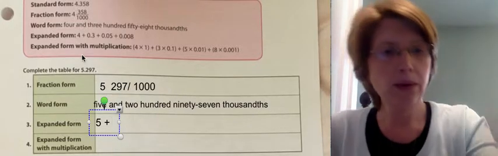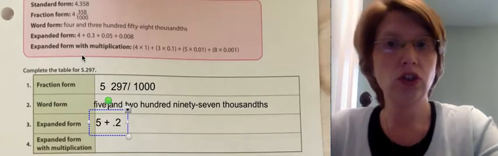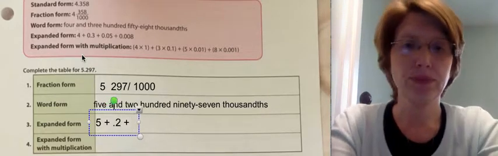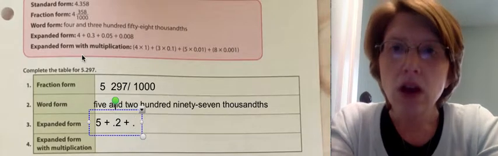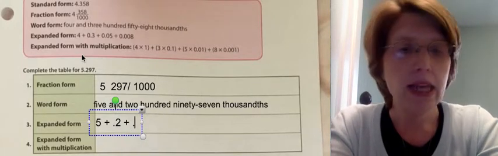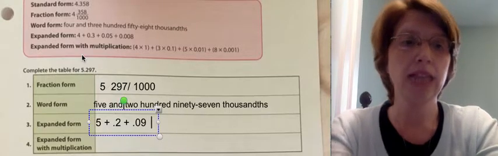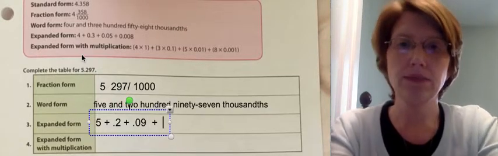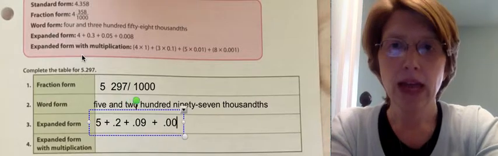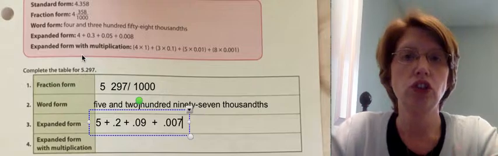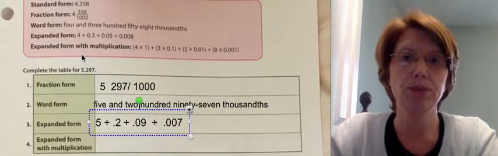So we're going to write decimal 2, which is 2/10, plus 9 hundredths. So we keep the 9 in its place, plus, and we keep the 7 in its place, 7 thousandths. We're just showing where it is in the number.